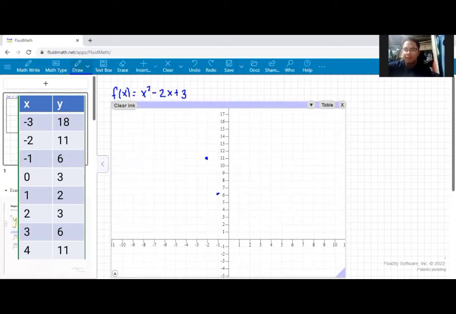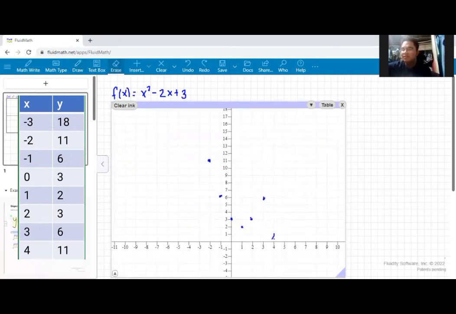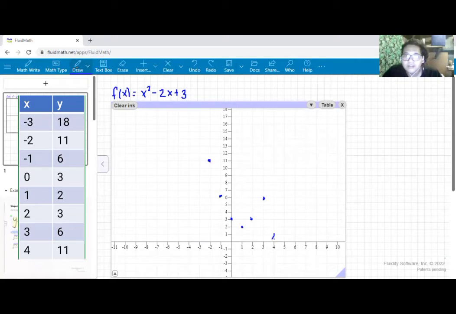Then 0 and 3. 1 and 2. Next is 2 and 3. Again, 3 and 6. And lastly, 4 and 11.